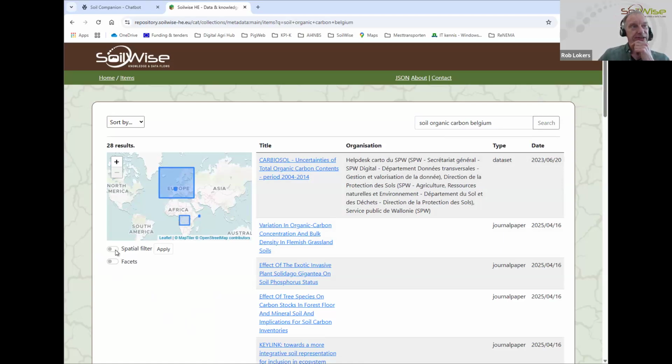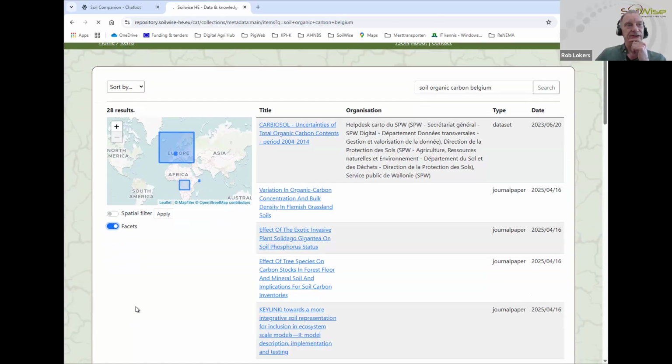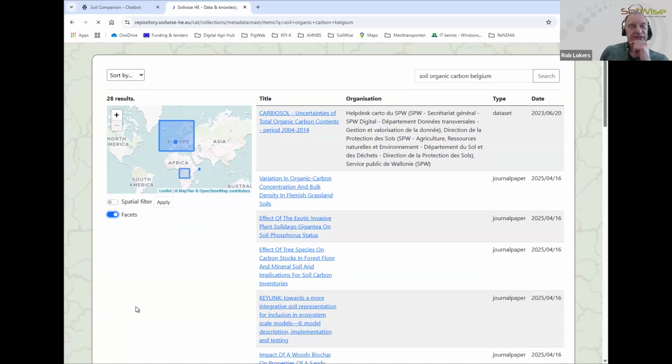This is quite valuable, but it's something that you have to switch on because it takes some time to generate: you can also see how many types of documents and datasets are being served to you in this search result. You have to be a bit patient. It takes a few seconds.